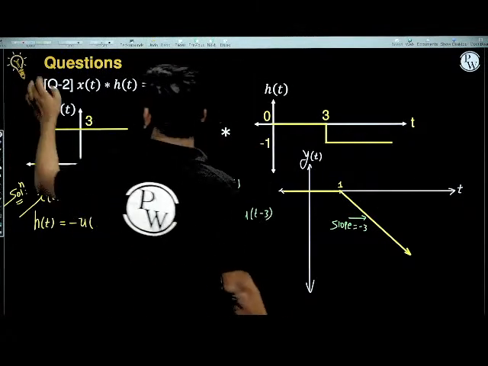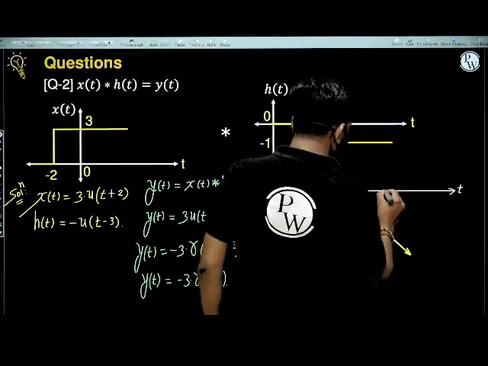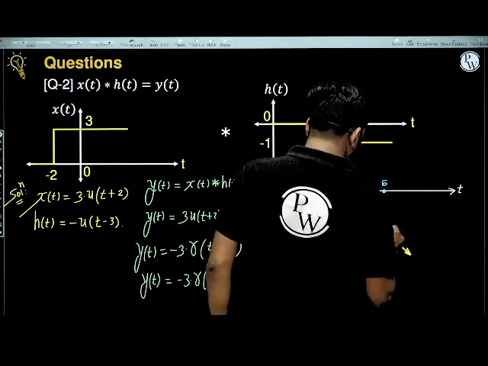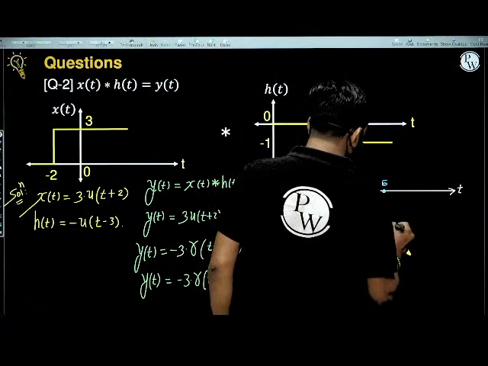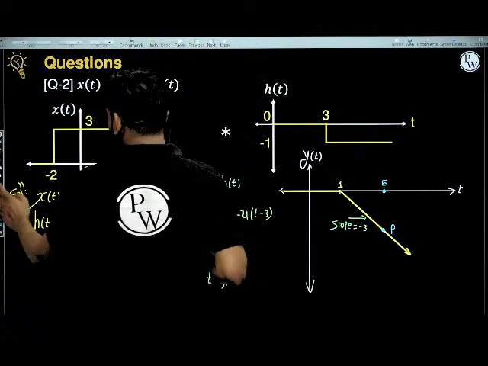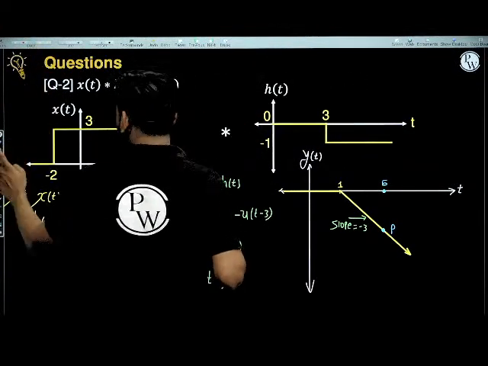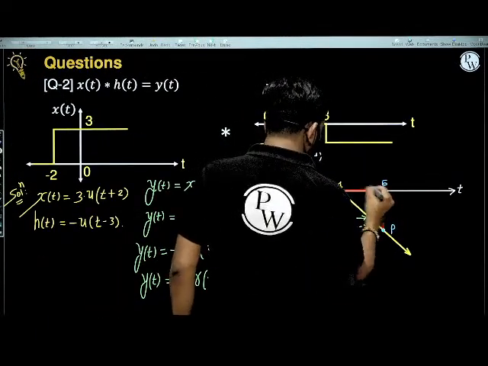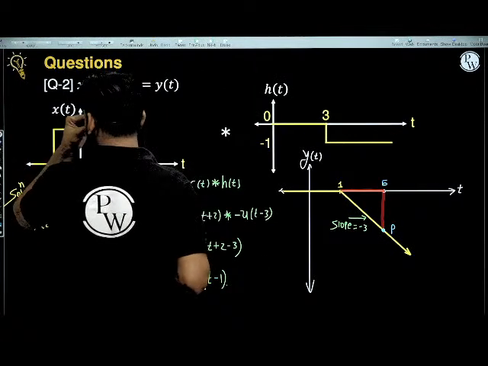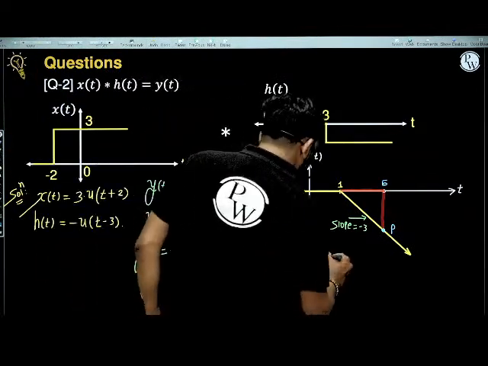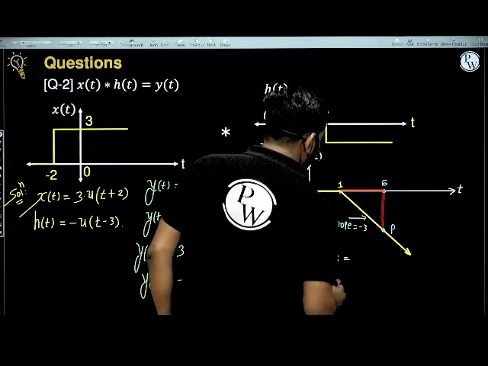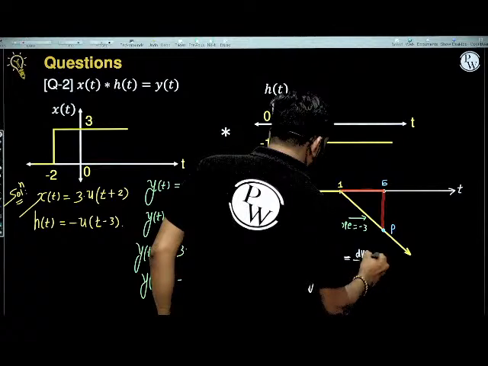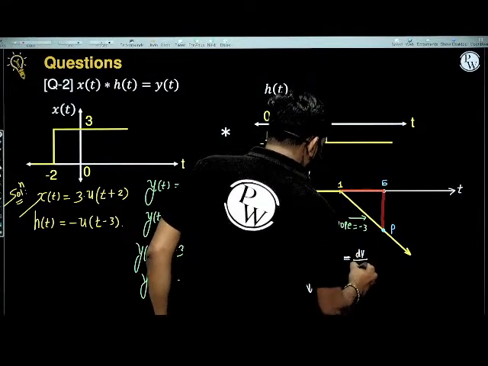So we want to calculate the amplitude at t equal to 5. At t equal to 5, let us mark this as p, guys. So again you can use the concept of slope. This is dy and this is dx, guys. The slope is minus 3, which is equal to dy, mod dy divided by dx is 4, guys.